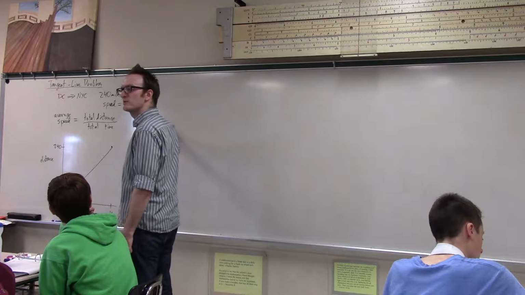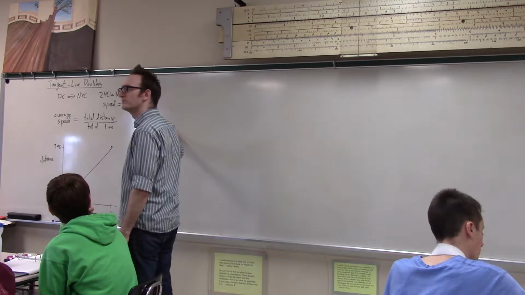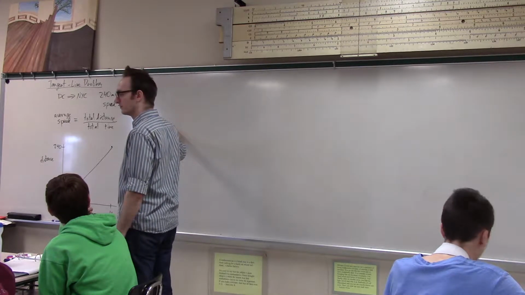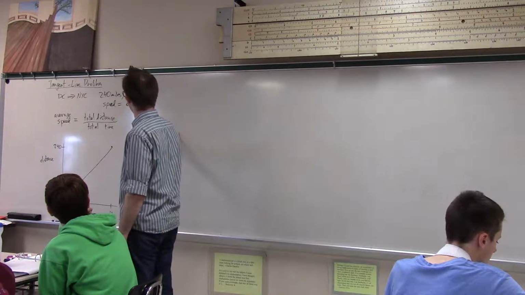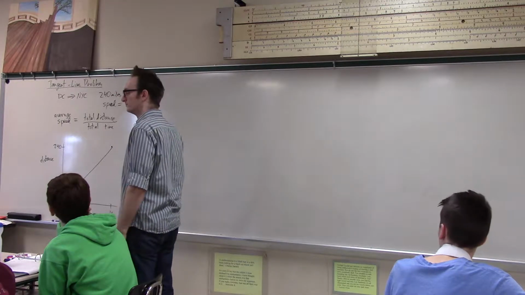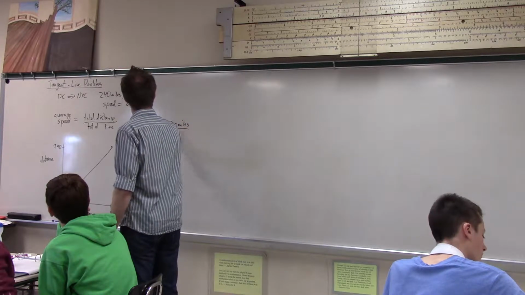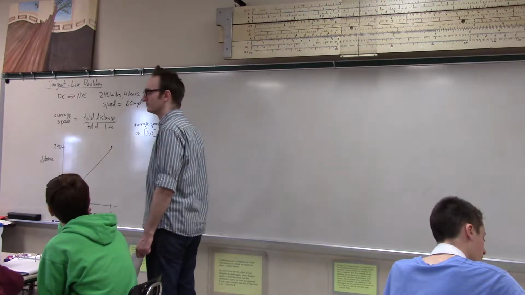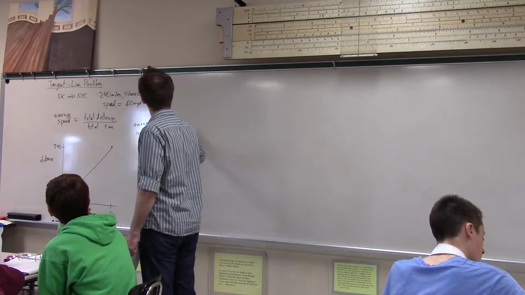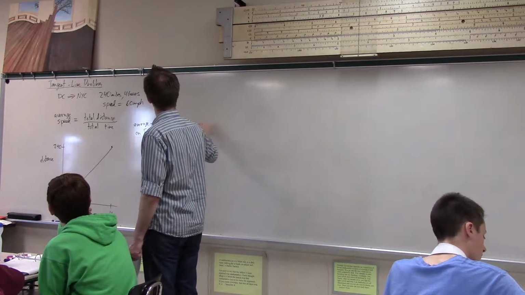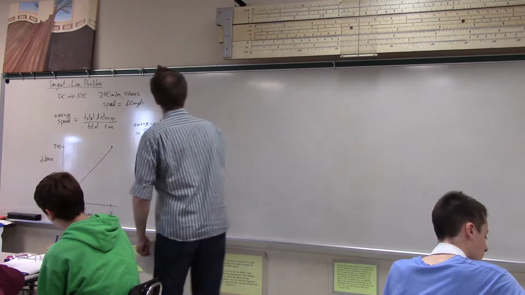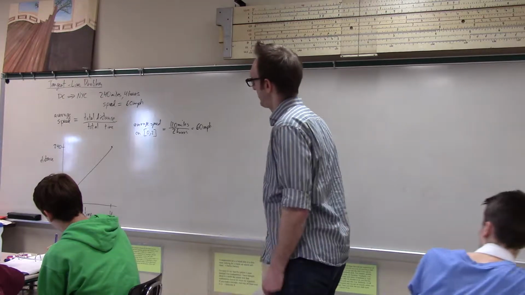What was the total distance traveled? Eric, how much distance did I travel over the first 2 hours? 120 miles. And how long elapsed? 2 hours. So you are exactly right. The average speed on the interval 0-2 is 60 miles per hour.